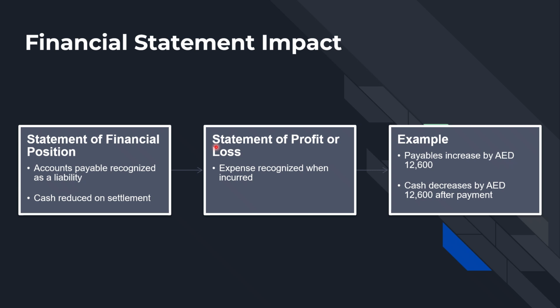So this ensures expenses are matched to the correct accounting period. To connect this with an example, if payable increases by 12,000 dirham, that amount appears as a liability, and once the payment is made, cash decreases by the same amount of 12,600 dirham.